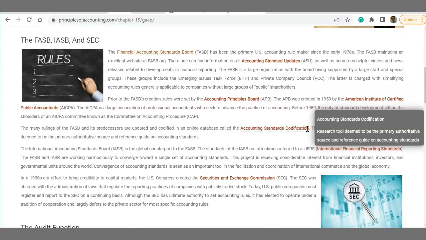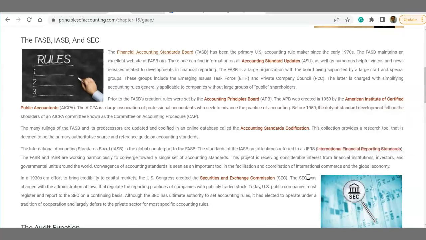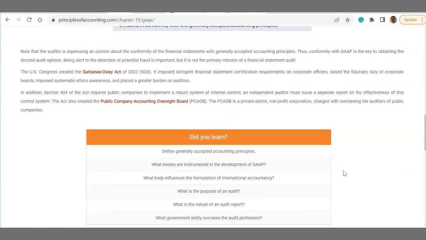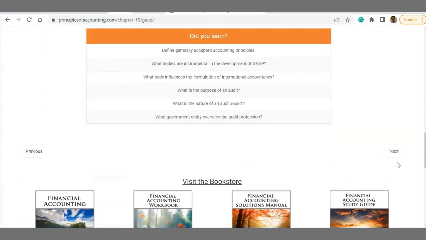And I have a video somewhere at the beginning, I remember, where I told you how to find GAAP, and that takes you exactly to the ASC codification. So here are things for you to read related to accounting, its history, and who is making it.